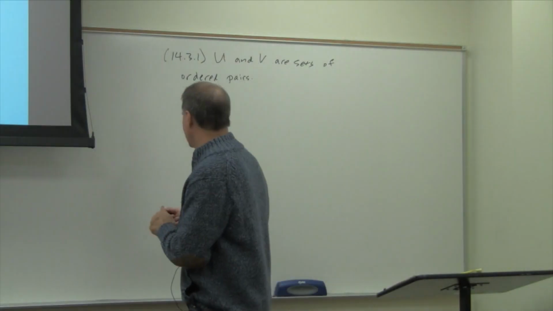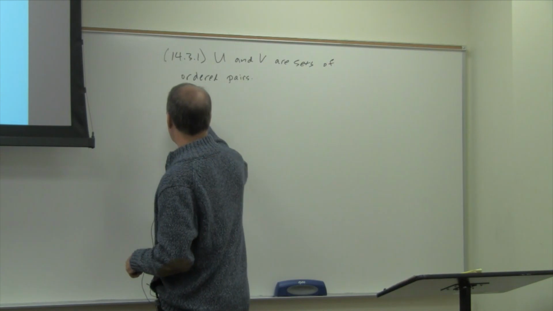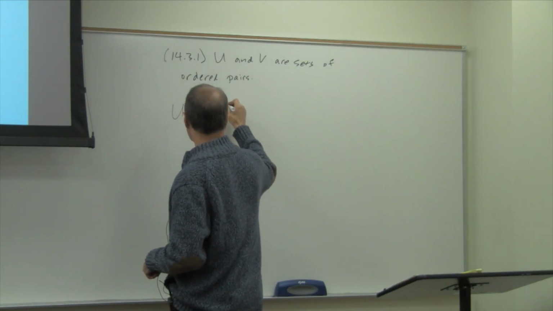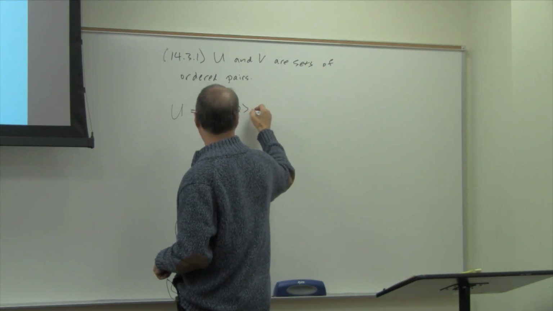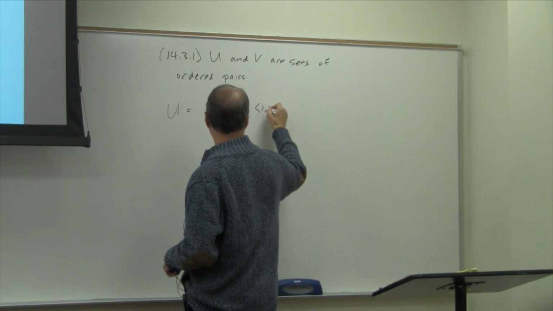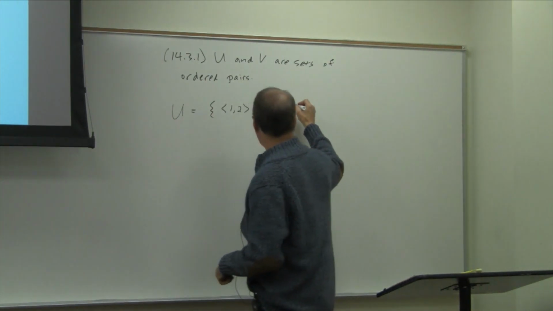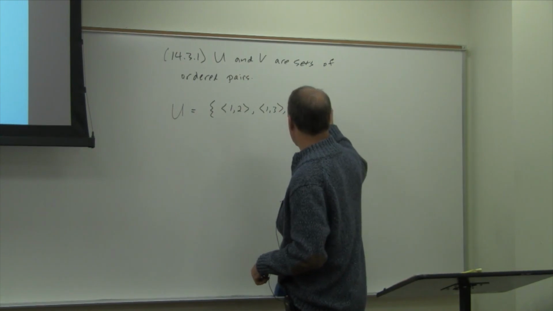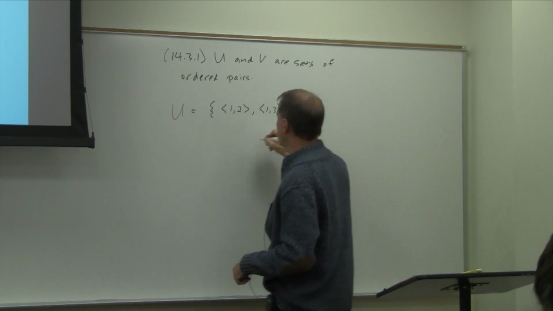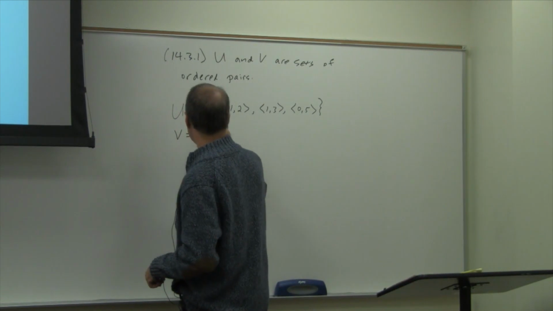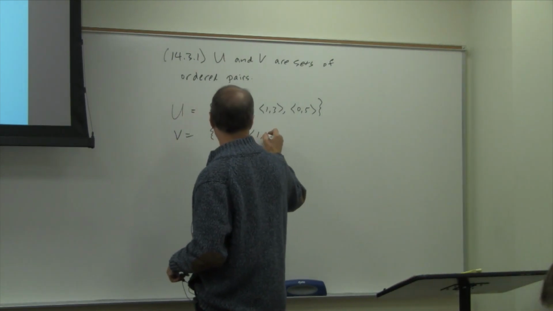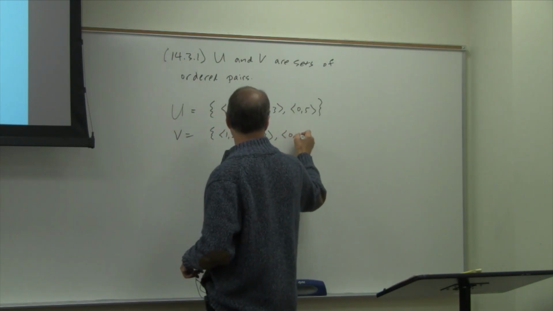You got it. So, for example, suppose U is this set: 1, 2, 1, 3, 0, 5. And suppose V is this set: 1, 2, 1, 3, 0, 5.